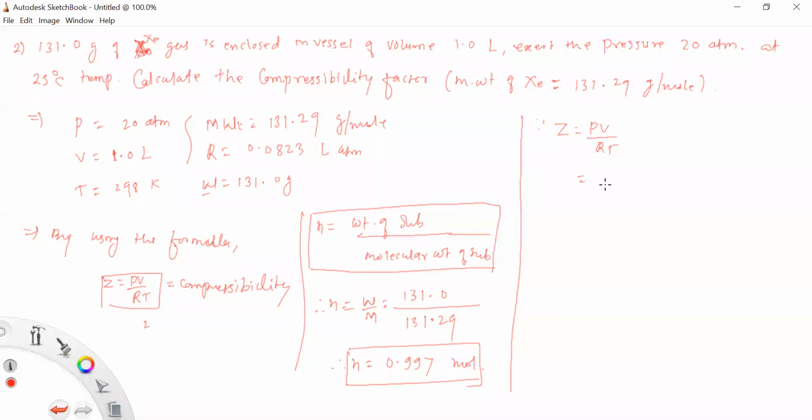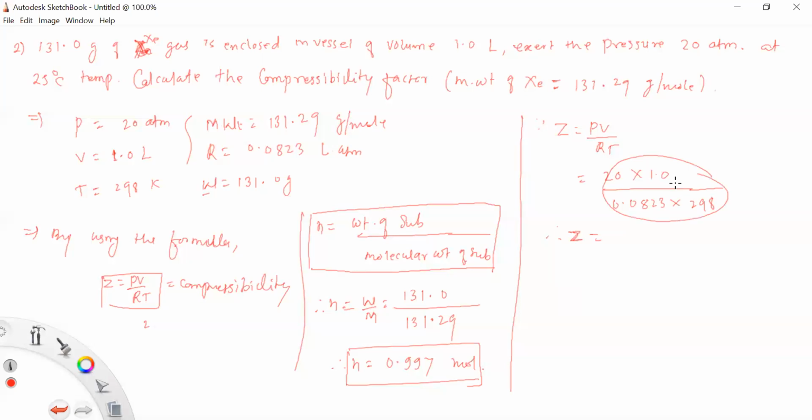So P is 20, volume is 1.0, upon R, which is 0.0823, into temperature, that is 298 Kelvin. When you solve this, you get Z, the compressibility factor.